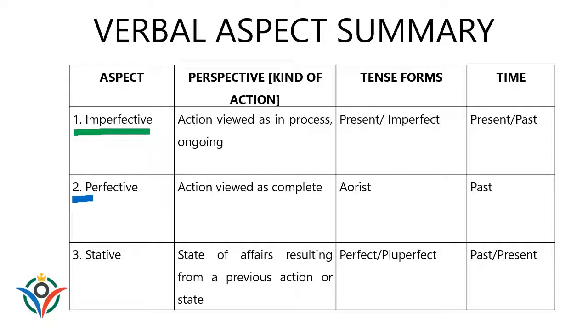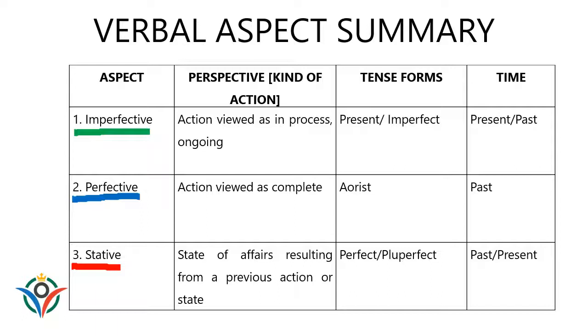The perfective verbal aspect can be defined as an action viewed as complete, and that's related to the aorist tense form, which is related to past time. And then finally, we have the stative verbal aspect, which is defined here as state of affairs resulting from a previous action or state. And that's related to the perfect and pluperfect tense forms, which is related to past and present time.